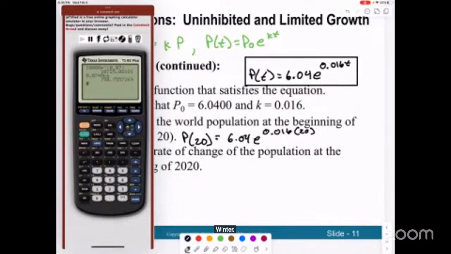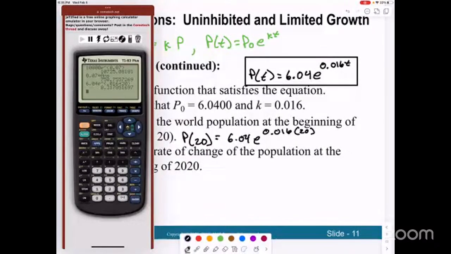Okay. So 6.04 times E to the power of 0.016 times 20. Okay. So we get this result. That's about right. That's what we anticipate. 8.32 billion approximately. Right.